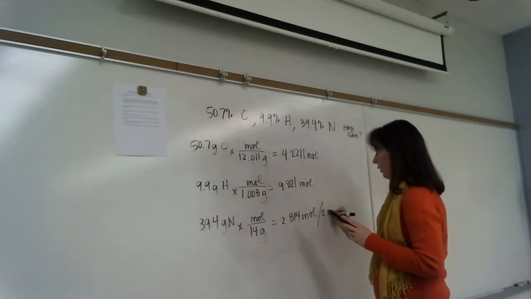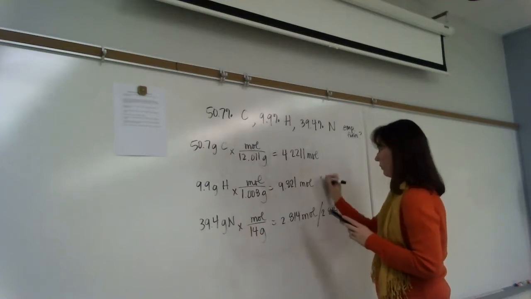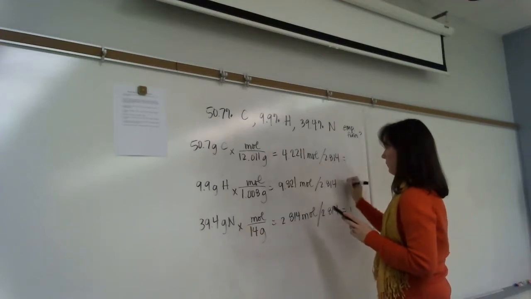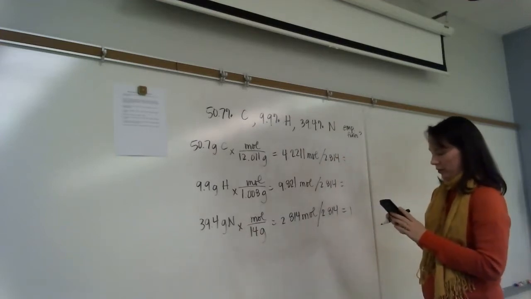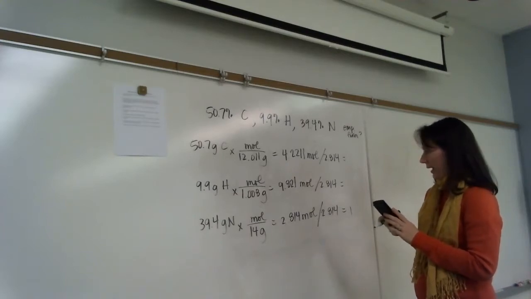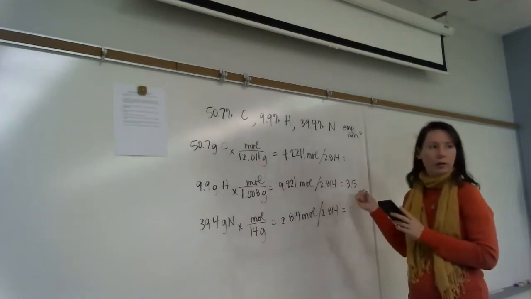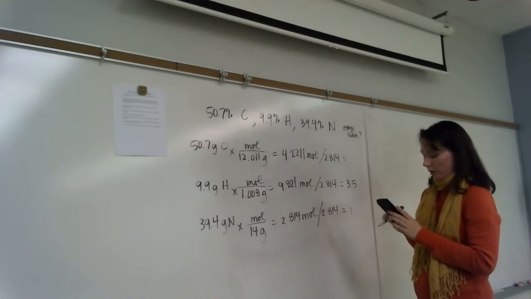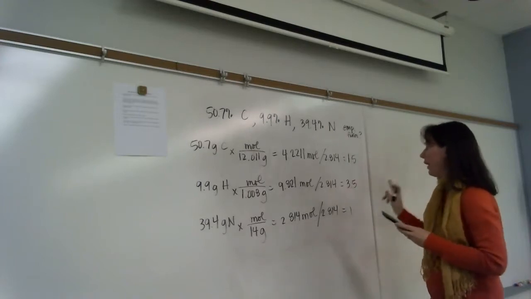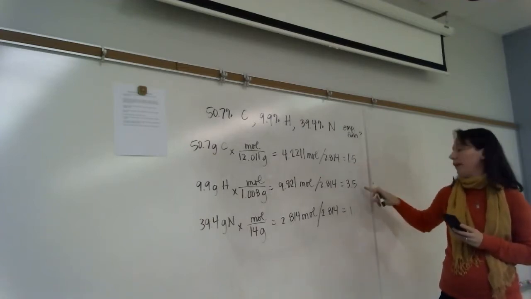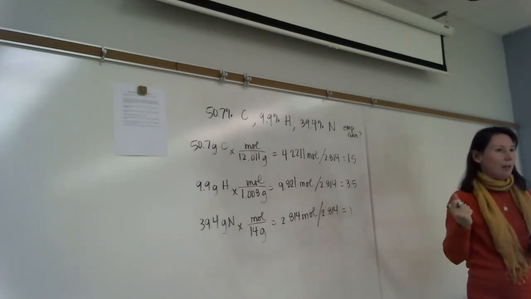All right, dividing all by the lowest. 9.821 divided by 2.814 gives me 3.49, 3.5. Uh-oh, I've got a number ending in 0.5. 4.2211 divided by 2.814 gives me 1.5. Even if I only had one value ending in 0.5, what would I do if I ever get a value that ends in 0.5?